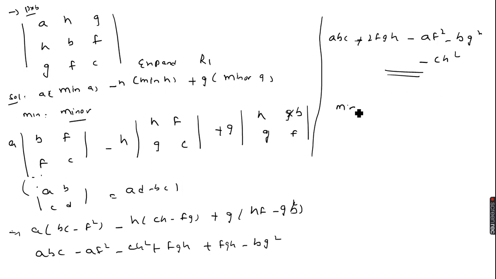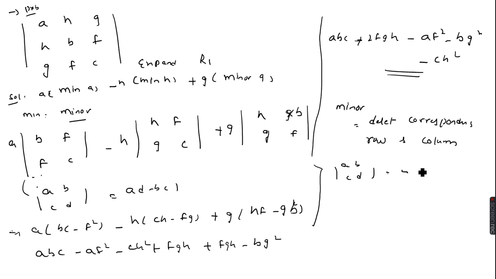Minor is nothing but deleting the corresponding row and column. And next, the determinant of ABCD is nothing but AD minus BC. So these are the basics, note. Okay.